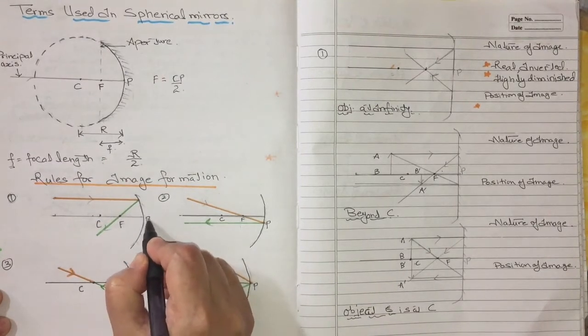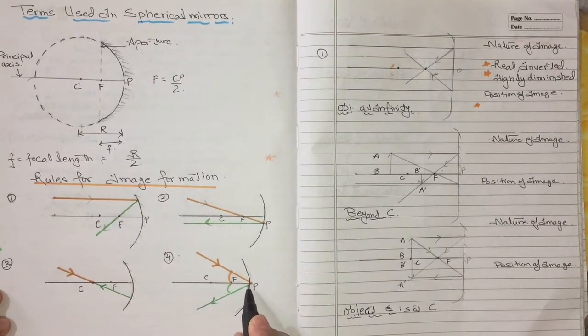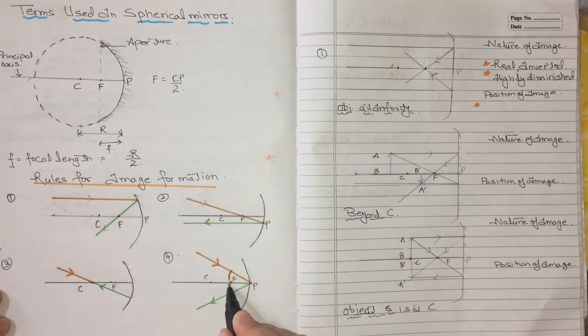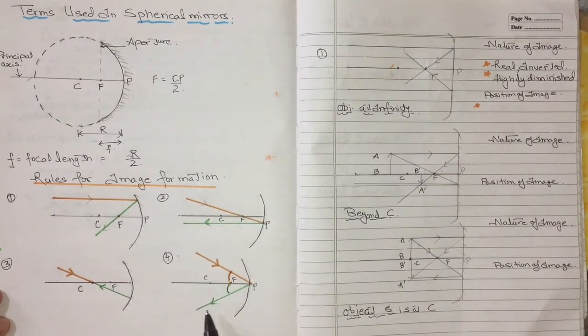Clear? If a ray is inclined to the pole, after the reflection it will go in the same medium, making the same angle with the principal axis. Okay, so this angle and this angle are the same.